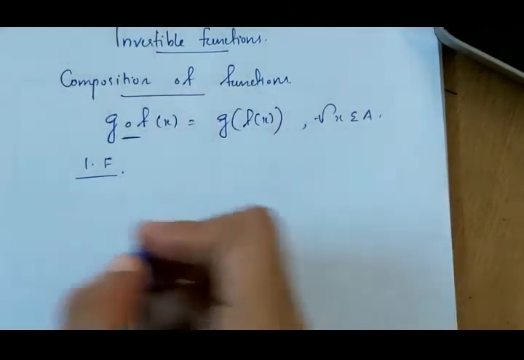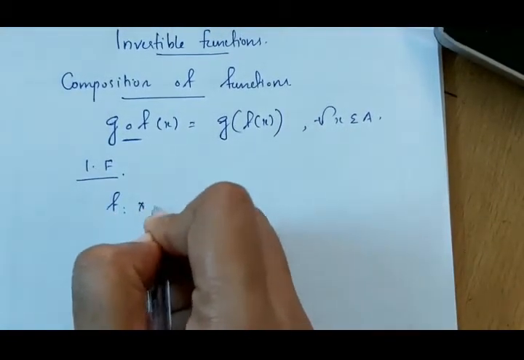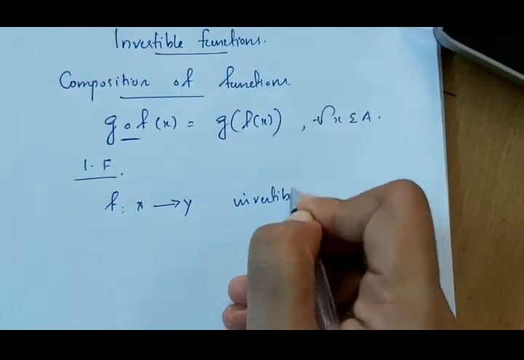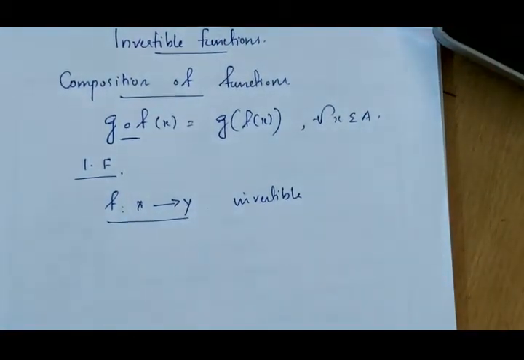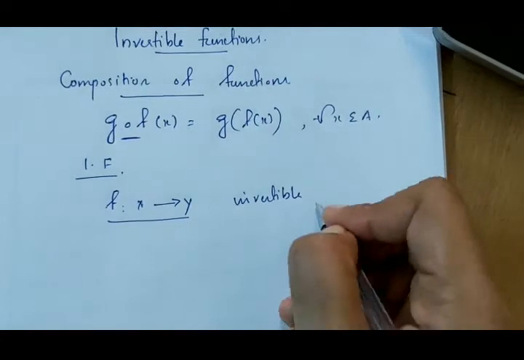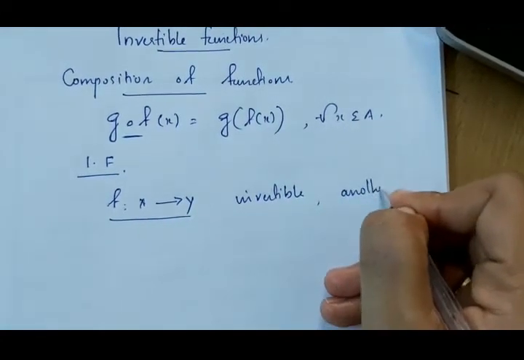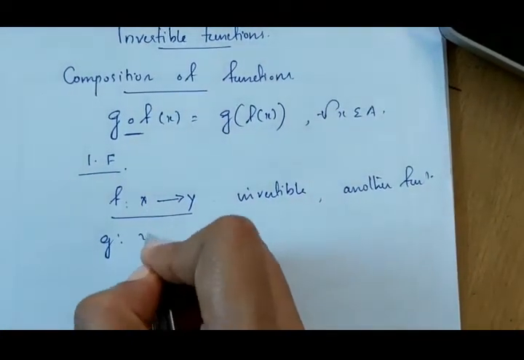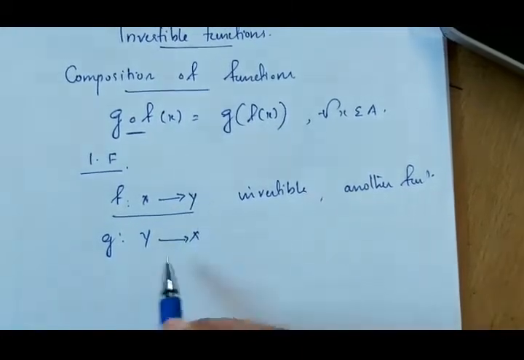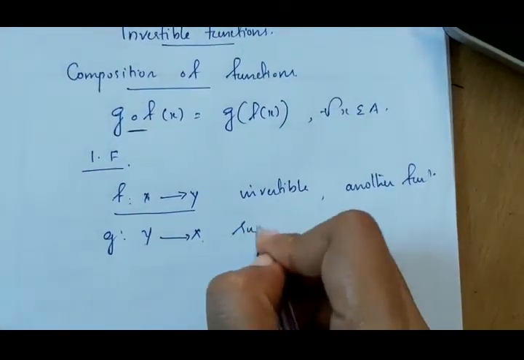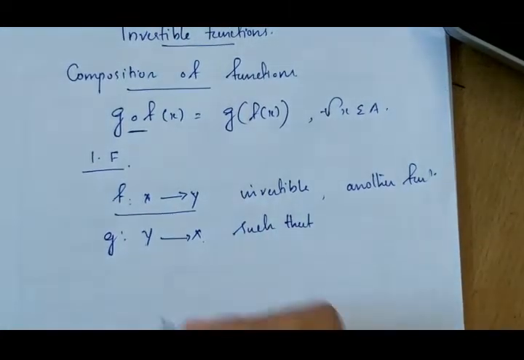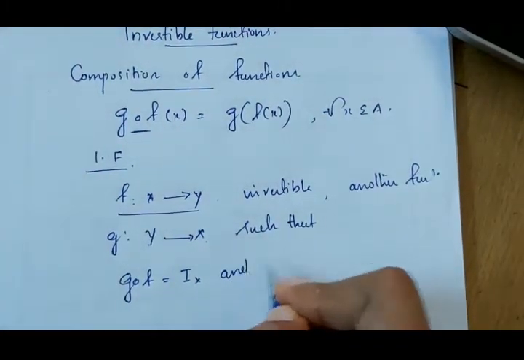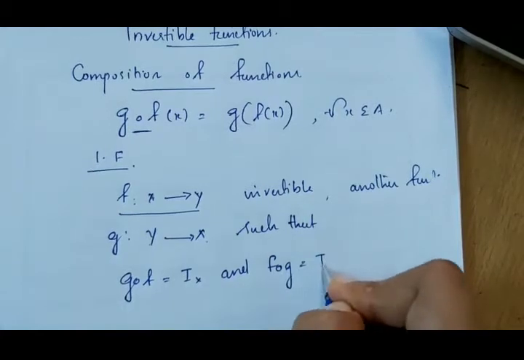A function f is said to be invertible. A function f which is from x to y is said to be invertible if there exists another function g from y to x, such that the condition is g composition f is equal to I of x, and f composition g is equal to I of y.